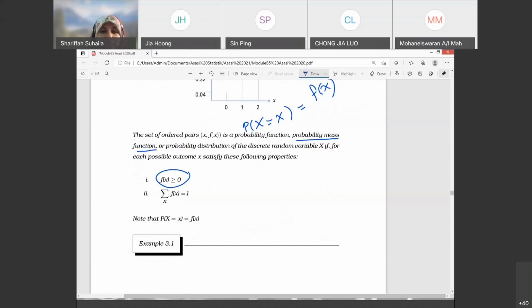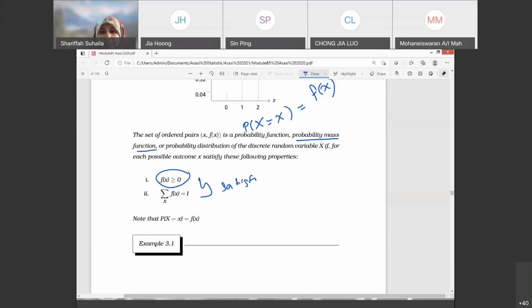Then you can say that probability x equals x is a discrete probability function if it satisfies both: all probabilities greater than or equal to 0, and total probability equal to 1. Both must be satisfied.